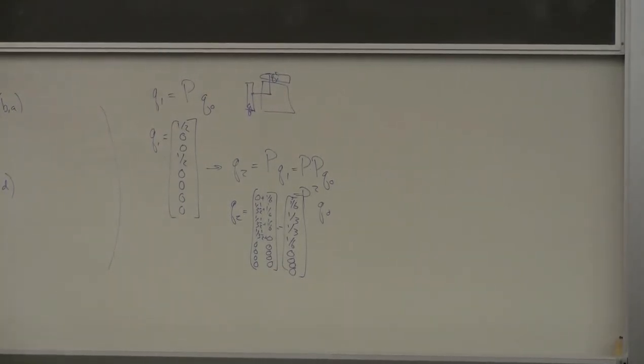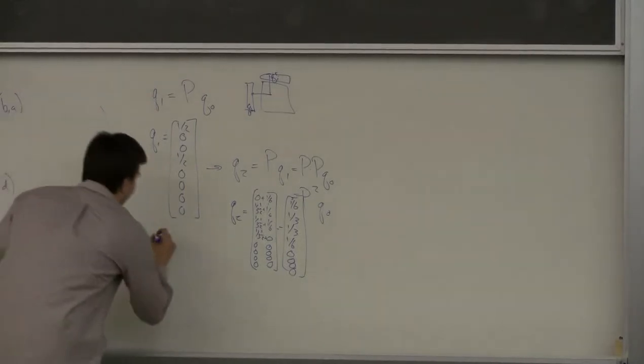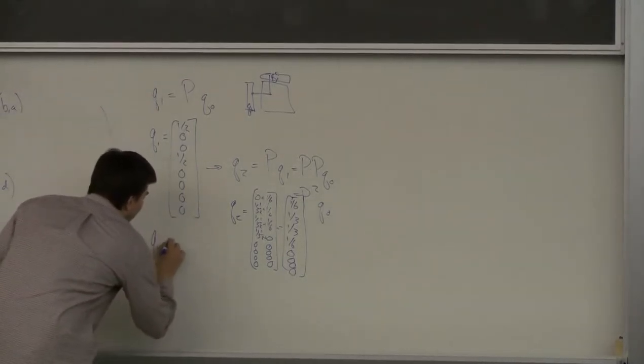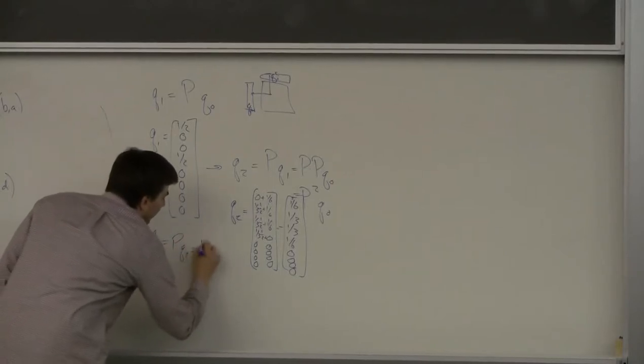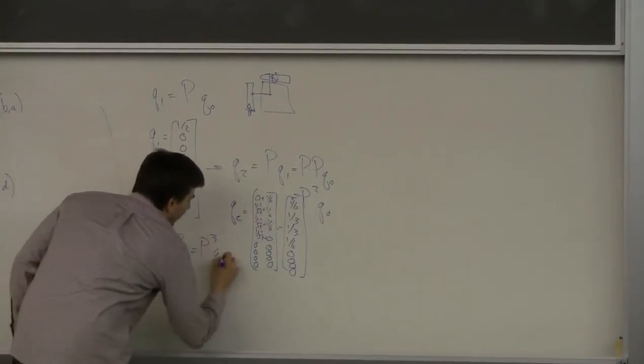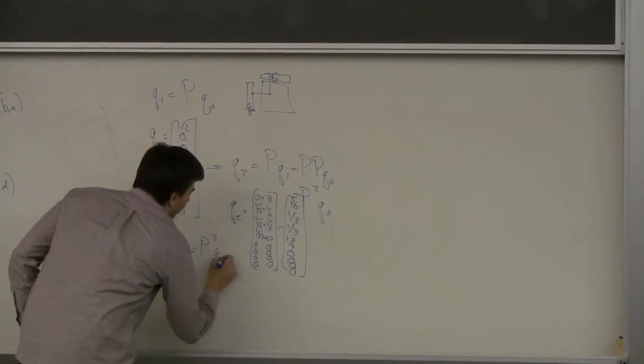Okay, so I can also write out that Q3 is P times Q2, which equals P cubed times Q0.